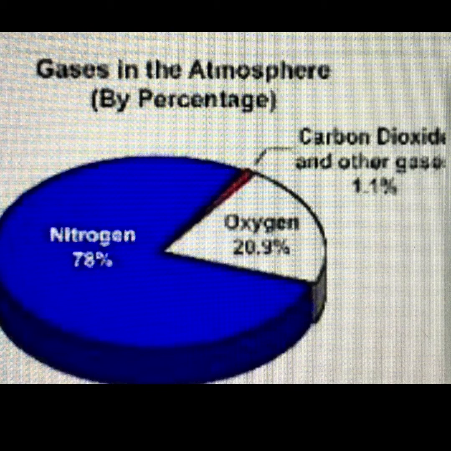If we consider carbon dioxide and other gases negligible, the atmosphere shares 1:4, oxygen 1 part of 5, and nitrogen 4 parts out of 5. Nitrogen is 4 parts out of 5.